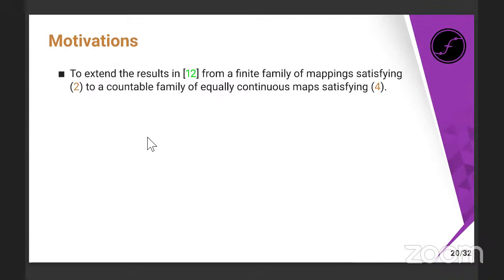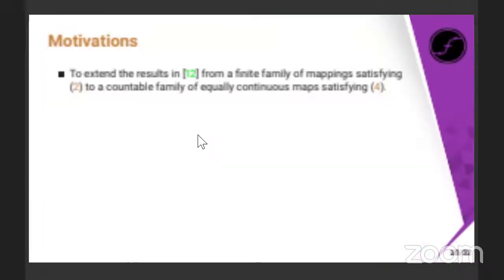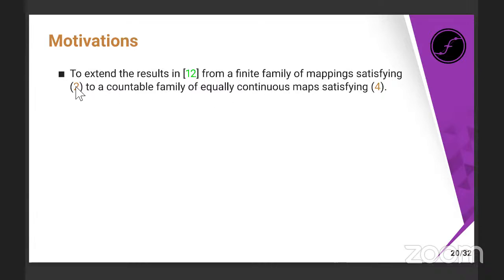The first motivation is we are trying to extend and generalize this algorithm, the work of Khan et al. in [12], from a finite family of demi-contractive mappings to a countable family of equicontinuous and asymptotically demi-contractive mappings in the intermediate sense. So at least here we extended the result from a lower class of nonlinear operator to a higher class of nonlinear operator.